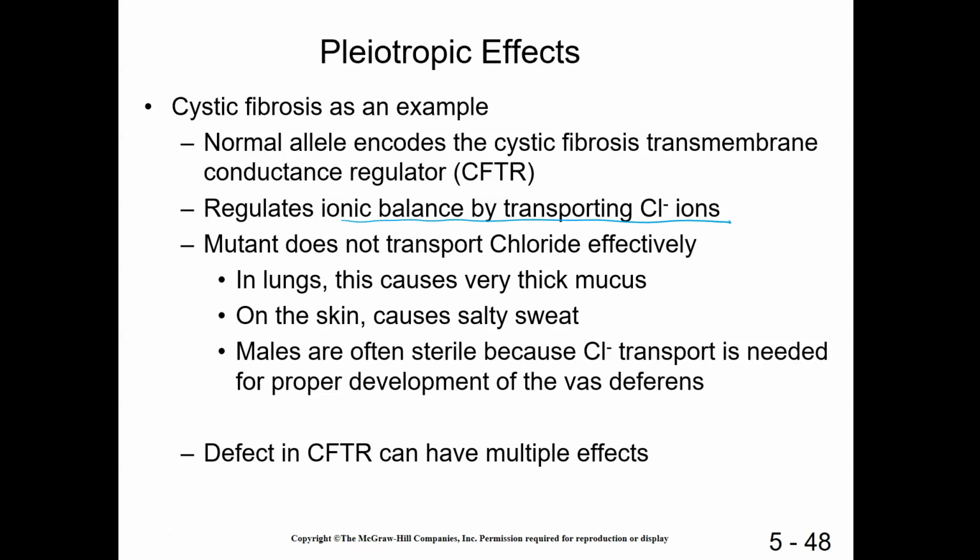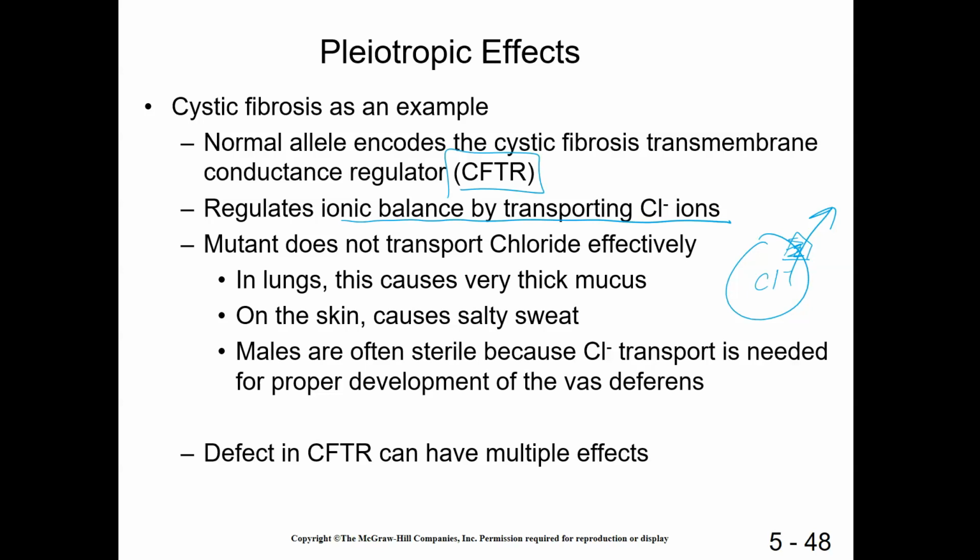So normally there is a pump called a cystic fibrosis transmembrane conductance regulator, CFTR. Here's the CFTR. It pretty much pumps chlorine out of the cell. It transports them. Mutant cells do not transport chlorine effectively.